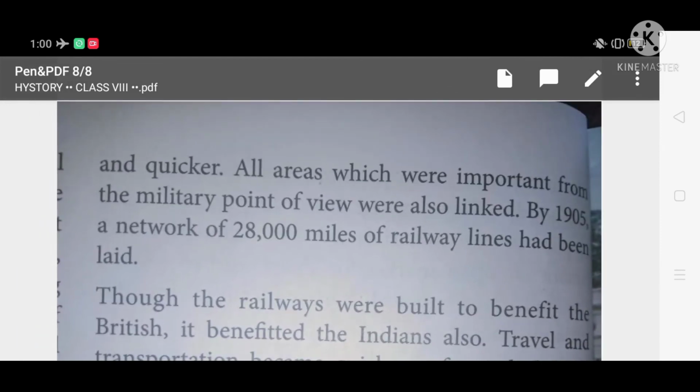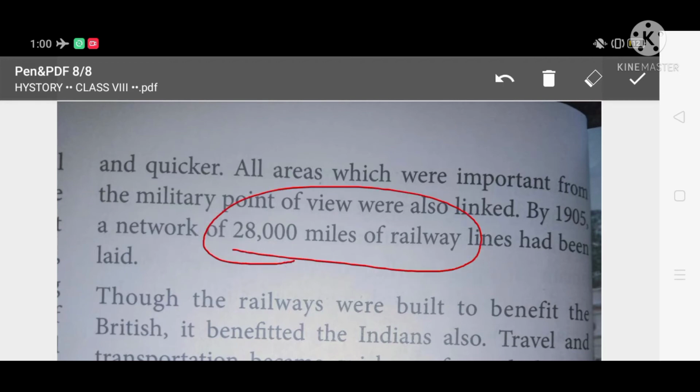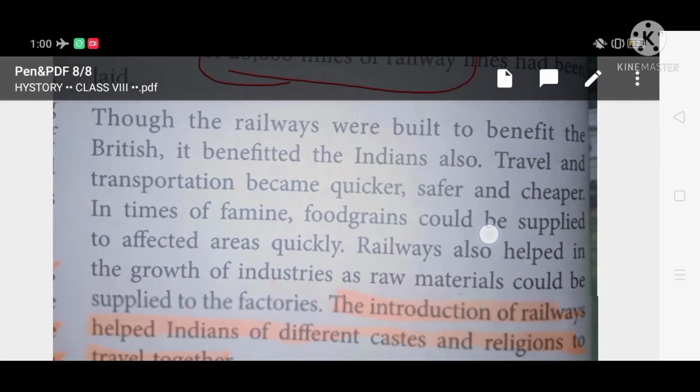All areas which were important from the military point of view were also linked by these trains. By 1905, a network of 28,000 miles of railway line had been laid.